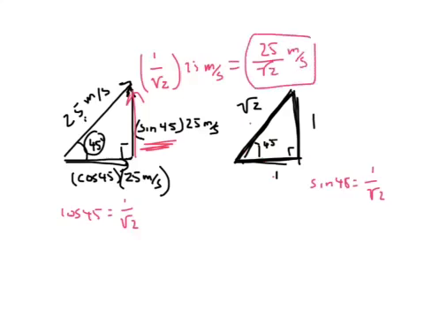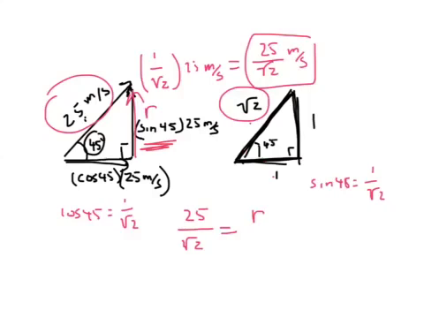That's what we said in the beginning by just noticing that these are similar triangles. And we could have said, well, 25 is to the square root of 2 as this, let's call it r, is to 1. Or in other words, r is equal to 25 over the square root of 2 meters per second.